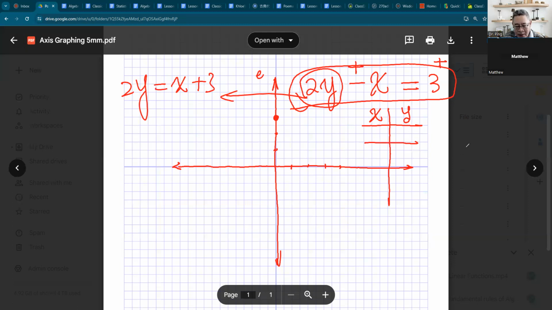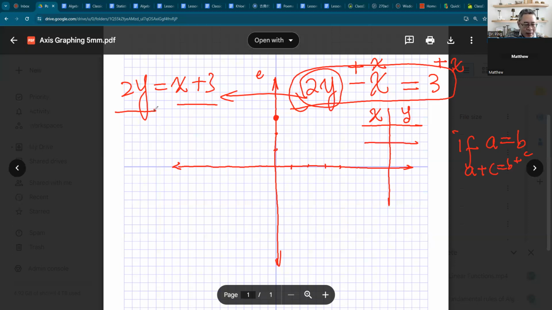So if A is equal to B, then A plus C equals B plus C. I want to add x because I want to move x to the right. So x minus x is 0, we get 2y on the left, and on the right it will be x plus 3. That means these two equations are equivalent.